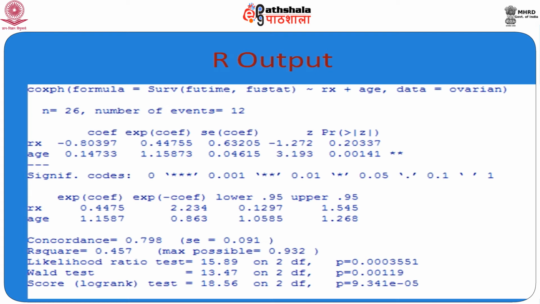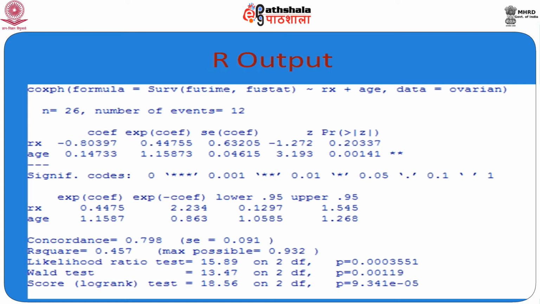Now we are applying this Cox proportional hazard model with our two factors, Rx and age, and the coefficient of Rx is coming as minus 0.80397, and for age it is plus 0.14733. Here it is better to consider the exponential of the coefficient rather than only the coefficient value, because the exponential of coefficients gives us the odds ratio for that specific factor.